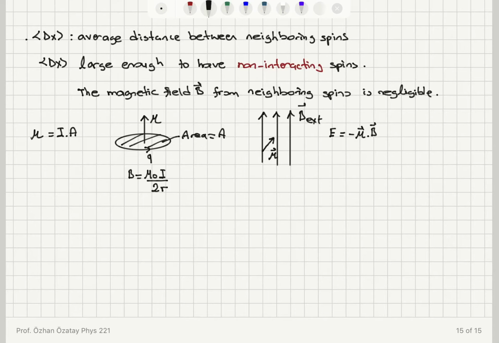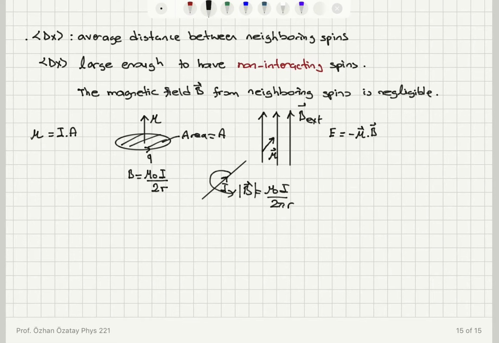You're going to feel a magnetic field around this circulating current. So normally for a single wire, when you have current flowing through the wire, it's going to create a magnetic field around it. That's given by mu 0 I over 2 pi r. Its magnitude is mu 0 I divided by 2 pi r.